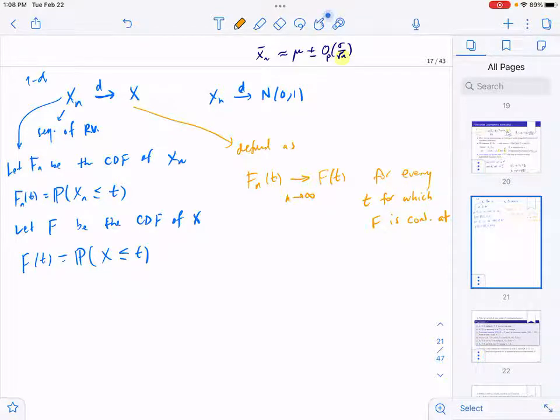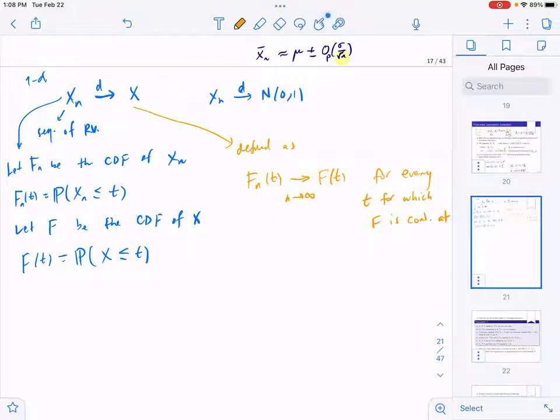And the technical part is this. If the limit is continuous, let's say it's a normal random variable, the CDF is continuous, I have to have the convergence at every point. This is usually what we care about. There is a more general version of this definition. This is hard to extend. You can still extend it to vectors, because you can define a joint CDF, but then continuity becomes a little bit messy.